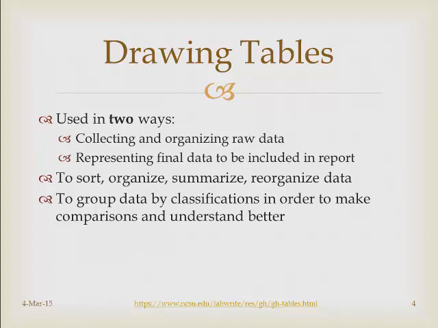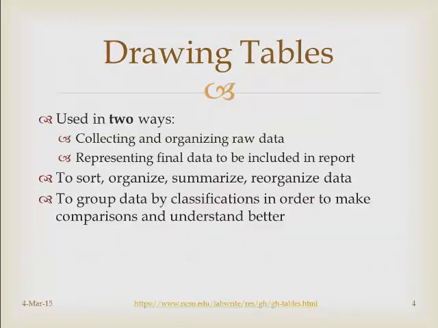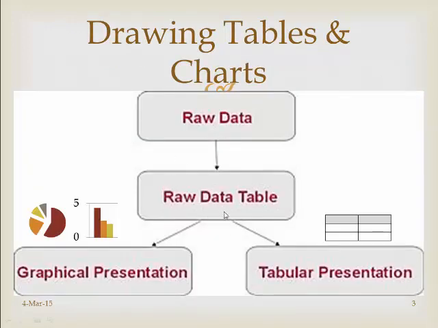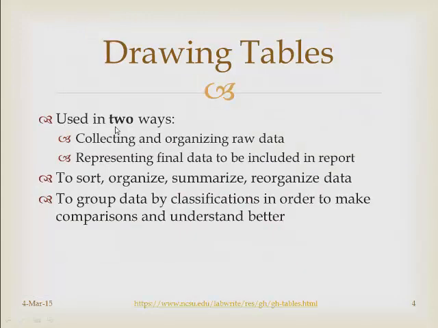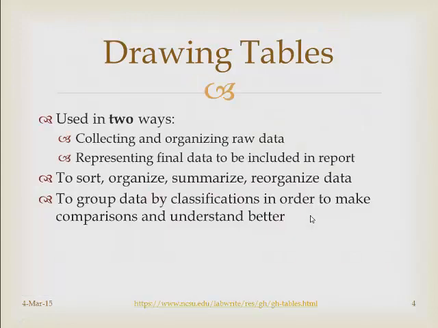Now, tables can be used in two ways, as I've shown you earlier in this picture. Tables can be used to collect and organize raw data. So it could be the raw data, you just want to organize it. Or it could actually represent your final data that you want to include in the report. So it could be a tabular presentation of the data that you want to talk about in your report.